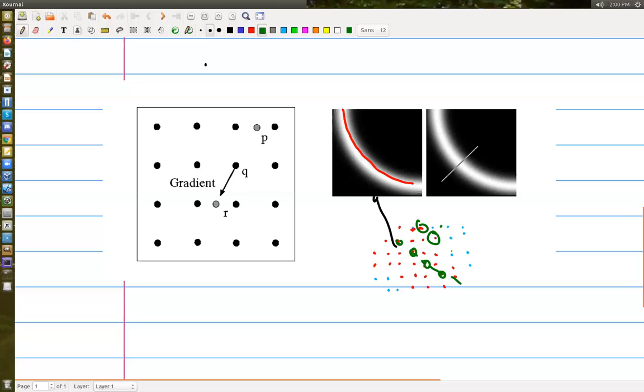This is also considered an edge response, but I just want one line or one curve to represent that, instead of a much thicker line.